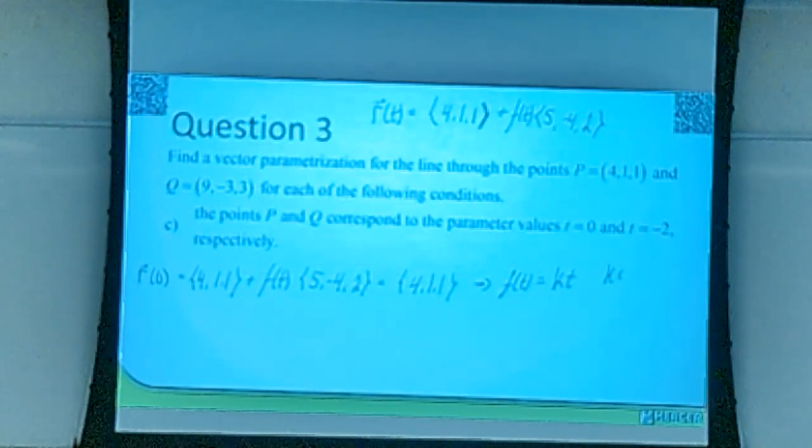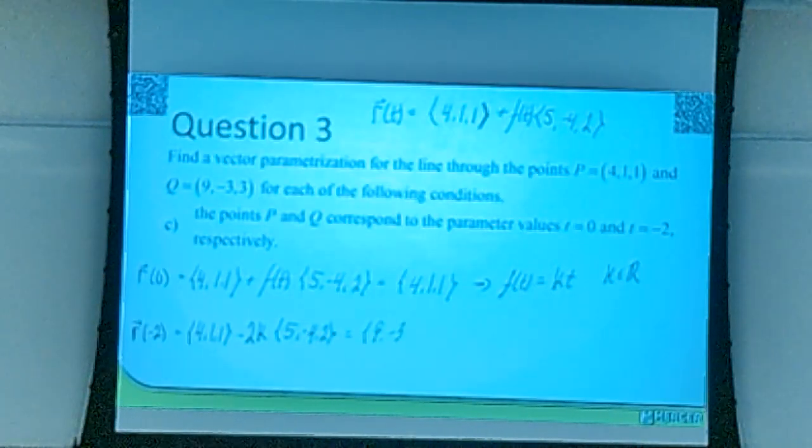Again, k is a constant. With that second condition, we find that negative 2k has to be 1, or f of negative 2 has to be 1, which makes k negative one half.